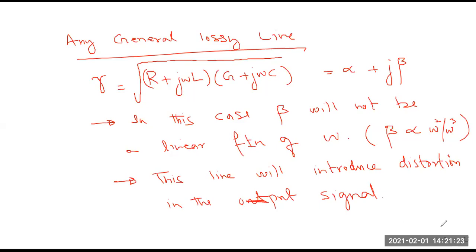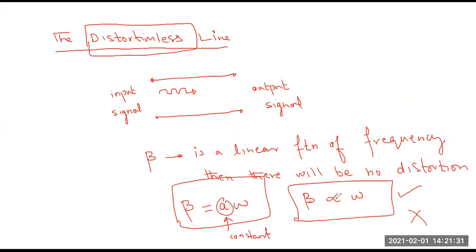There is a further explanation of distortion. Why, if beta is a linear function of omega, will there be no distortion, and when beta is not a linear function of omega, will there be distortion? I can relate this distortion idea to phase velocity.